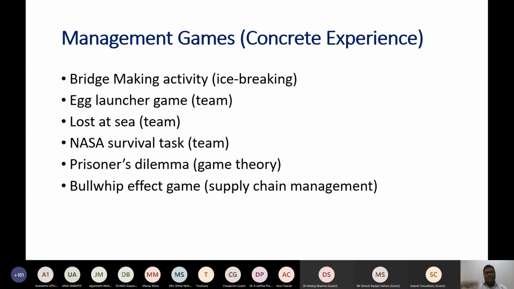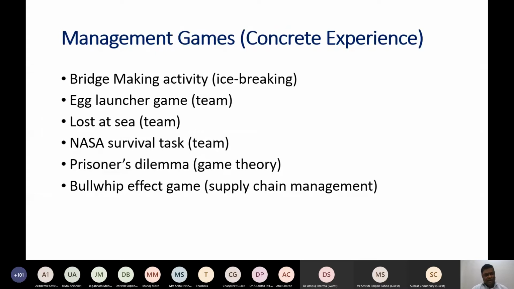It doesn't mean that others don't have that scope. They also have a lot of scope. For example, an operations faculty member can play some games. Marketing faculty, yes, they can also. Finance and marketing, nowadays you have a lot of computer simulation games that you can use. But let me share what I do in the classroom so that you will get an idea.